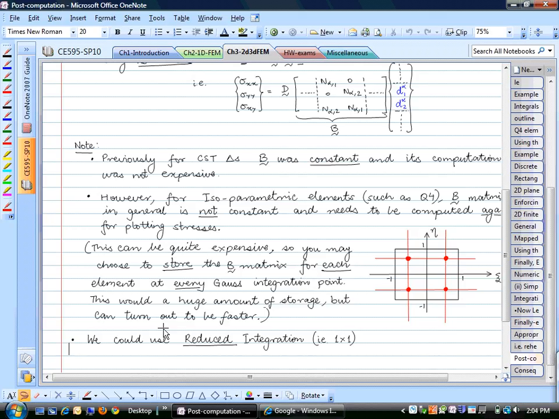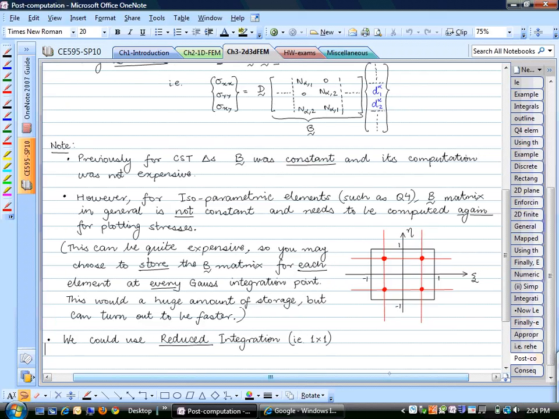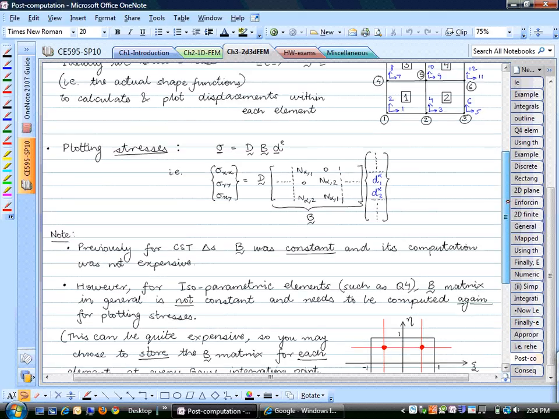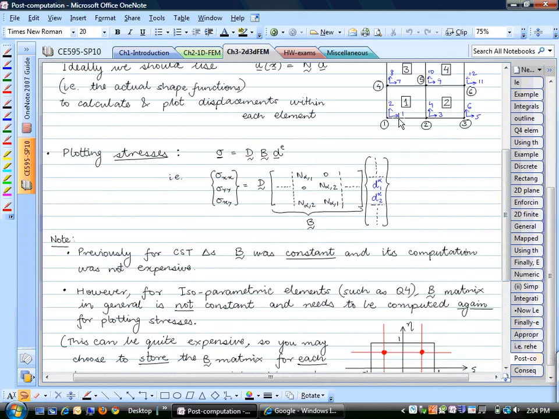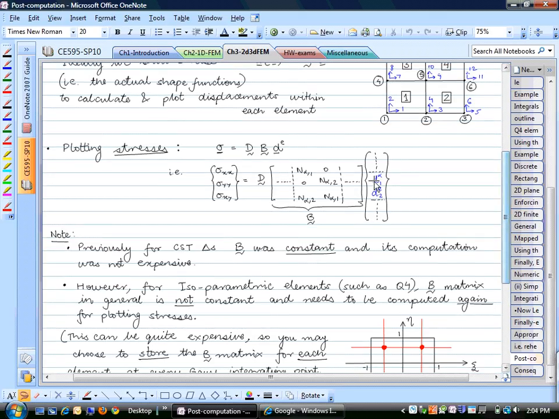So in order to plot all these stresses, let's say we pulled out the element degrees of freedom. Again, going back to element 1, we have these element degrees of freedom 1, 2, 3, 4, 9, 10, 7, 8. We pulled those out and we constructed this B matrix at a given point.